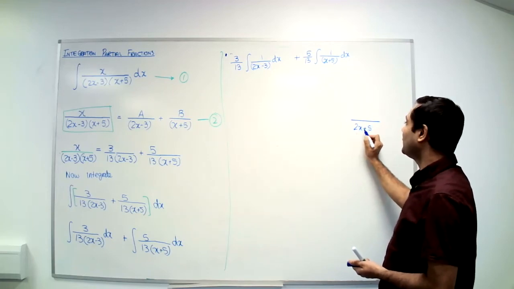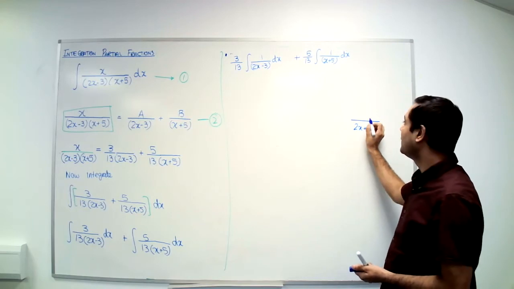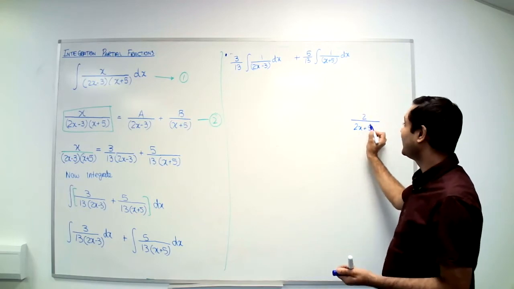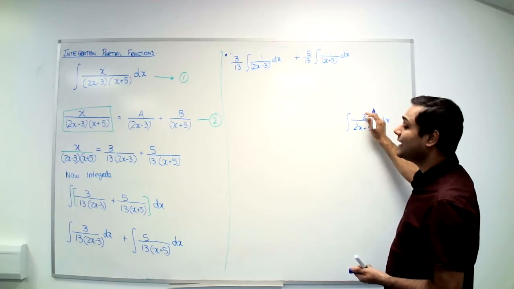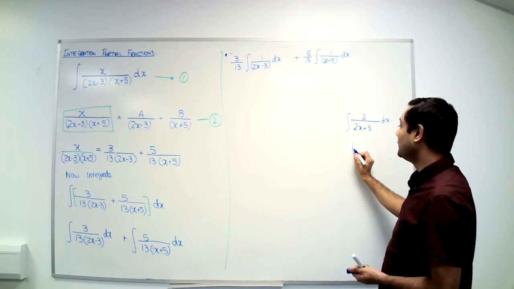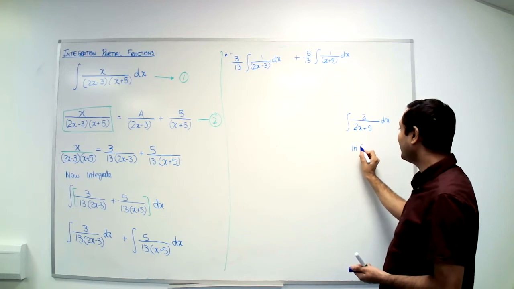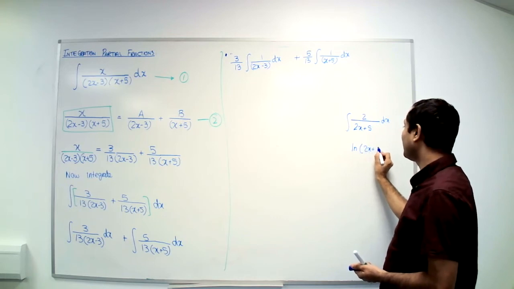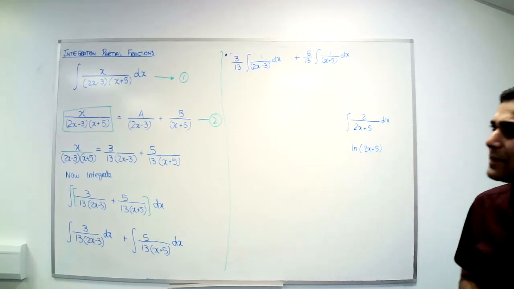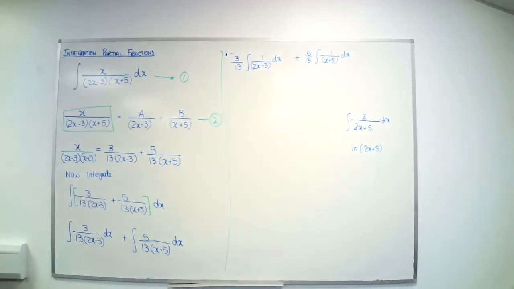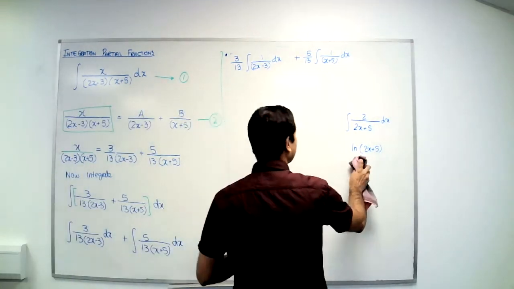What's the derivative of 2x plus 5? Derivative is 2, isn't it? If the derivative of the bottom is up top, there is a rule. The rule is it's ln of 2x plus 5. That's how it becomes. Okay, so what we're going to do is we are going to exploit this rule and use that one.